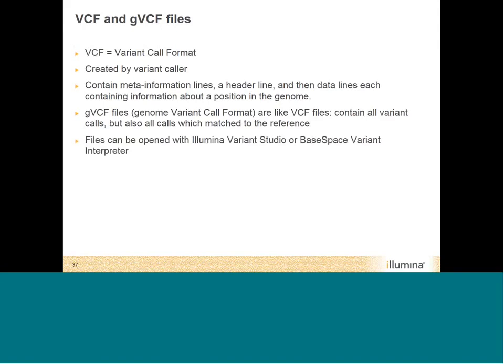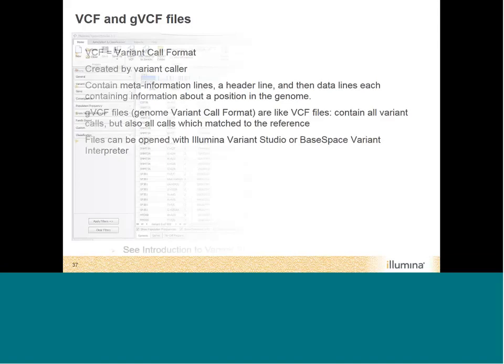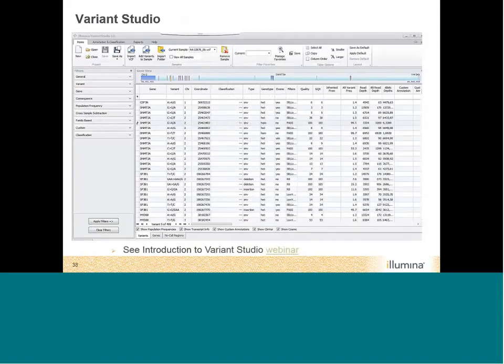These files can be opened with, for instance, Illumina Variant Studio or with Space-Based Variant Interpreter. I just want to give you an example here of what a file like that looks like shown in Variant Studio. These are essentially visualization and filtering tools.